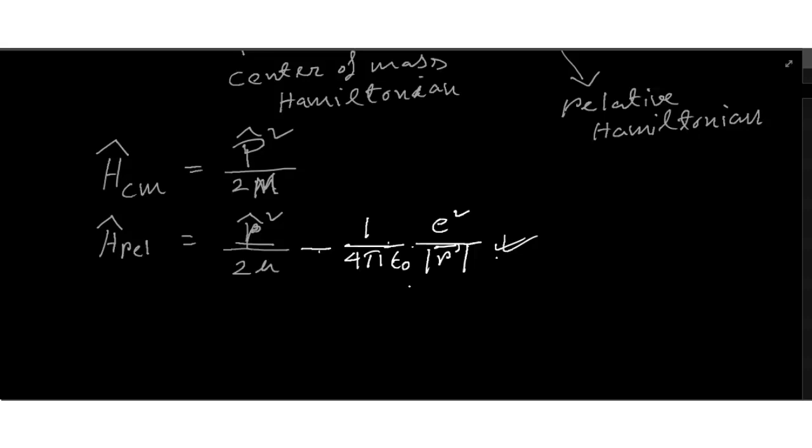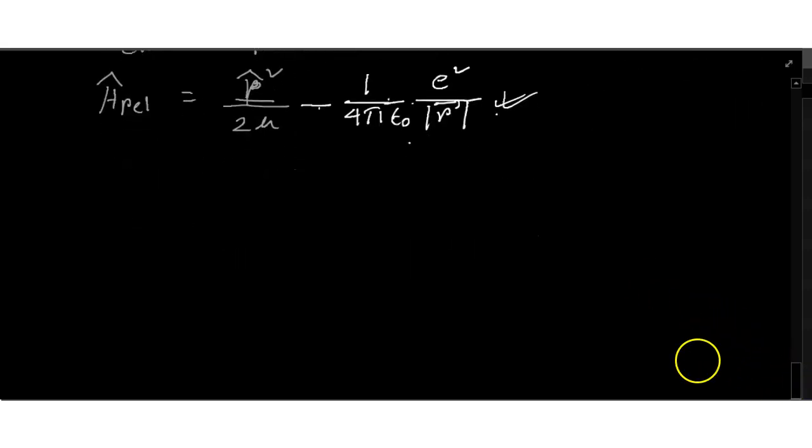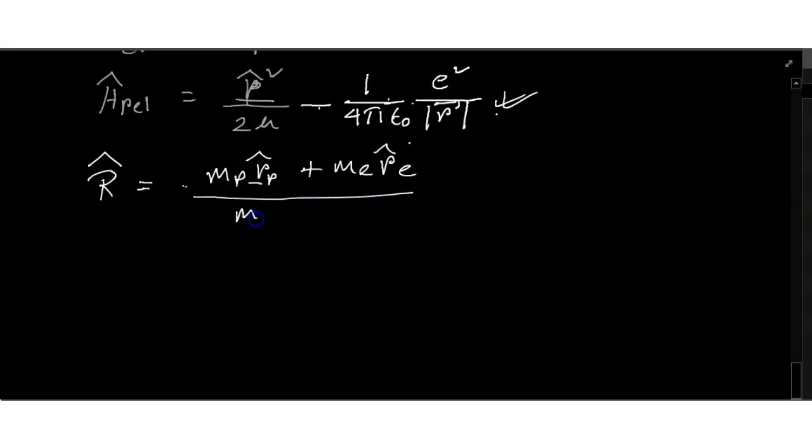Indeed, now whatever we see, capital R equals the position of the proton plus the position of the electron, divided by MP plus ME.